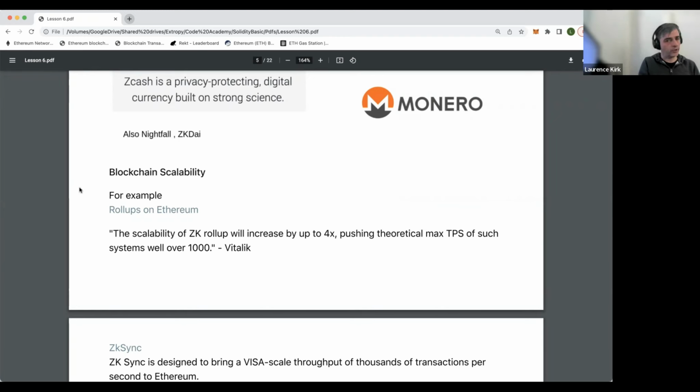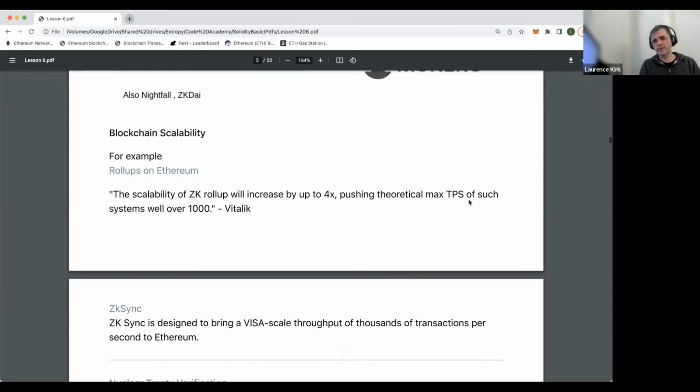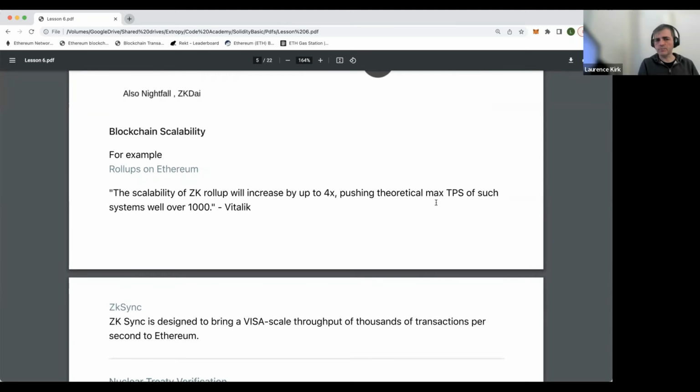But on the zero knowledge side, this offers a massive speed up of usability for Ethereum. And if you use one of the zero knowledge layer 2s, such as StarkNet or zkSNARK, then you get this massive increase in the number of transactions that you can do. So TPS here is transactions per second.